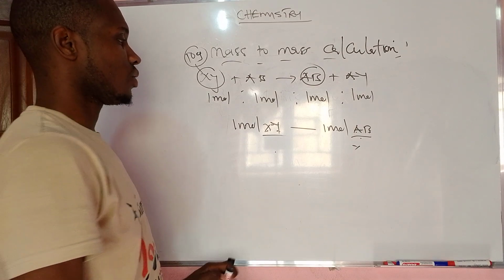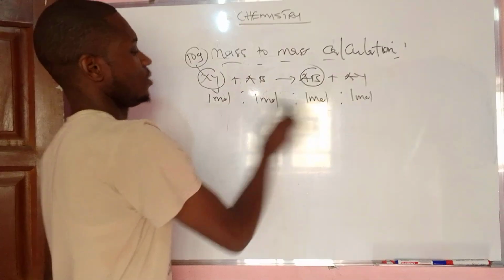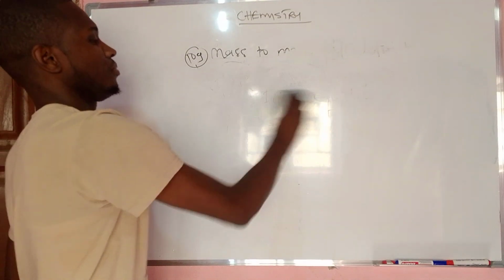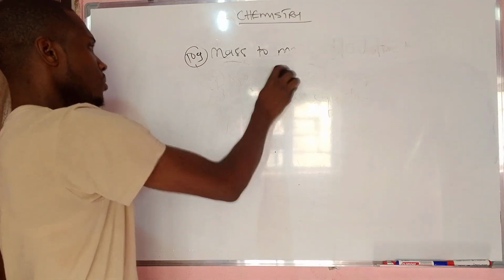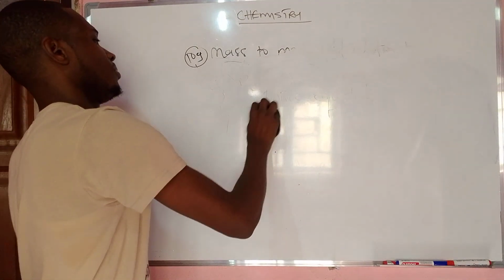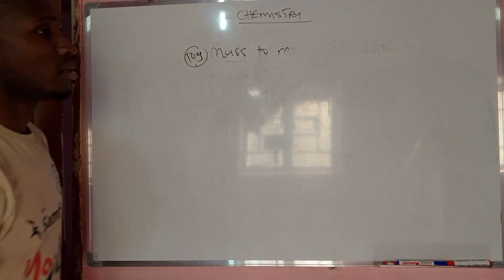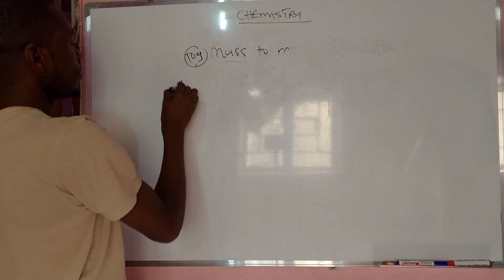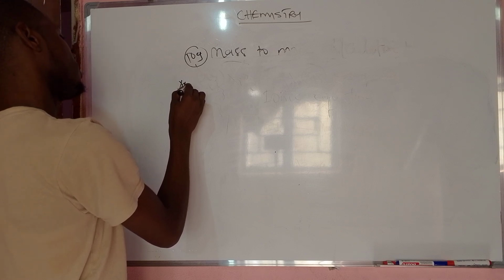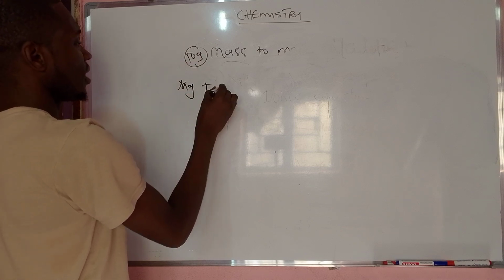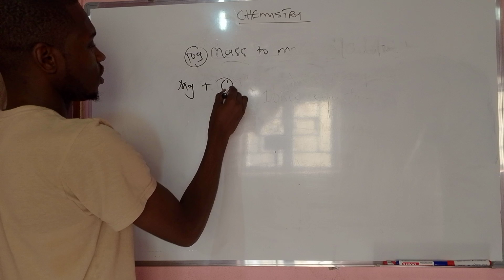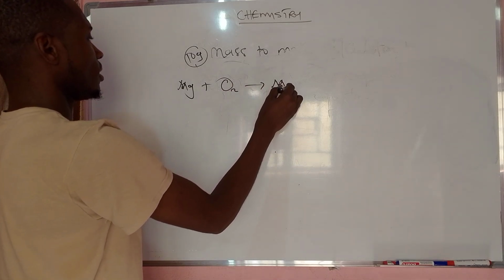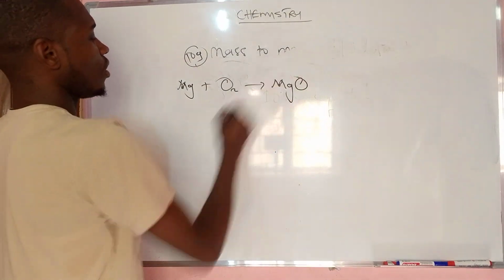So let's move on now to the first example, which will help us to do this part. Let's say magnesium reacts with oxygen to form magnesium oxide.